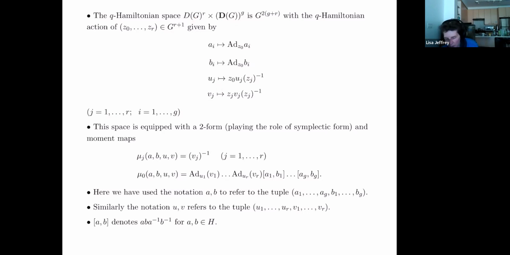So this space is equipped with a two form, which plays the role of symplectic form, and with maps that are called moment maps, but don't satisfy all the criteria of moment maps, but enough to allow one to define an analog of symplectic reduction. So this is what they look like at these values.